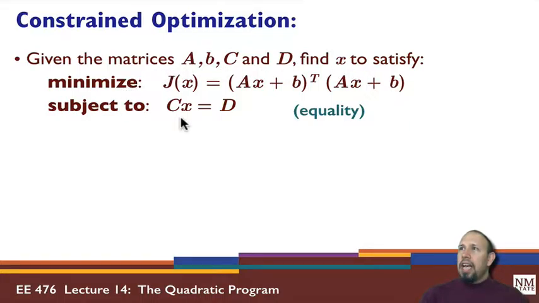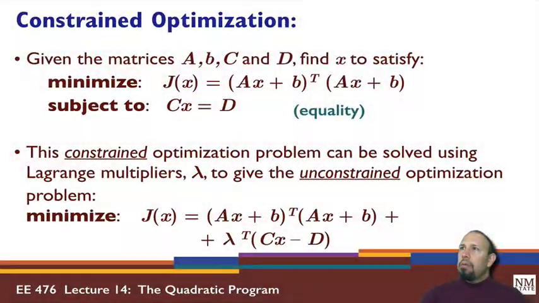So if you have an optimization problem like this, then there is a nice handy solution. This kind of constrained optimization problem can be solved using, so in calculus you learned about the concept of Lagrange multipliers. We can rewrite this constrained optimization problem as this unconstrained optimization problem, where we're trying to minimize with respect to x this quantity.